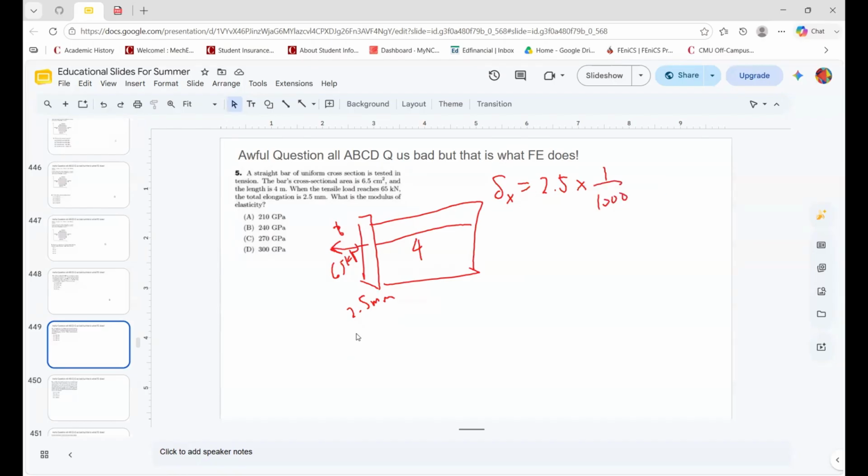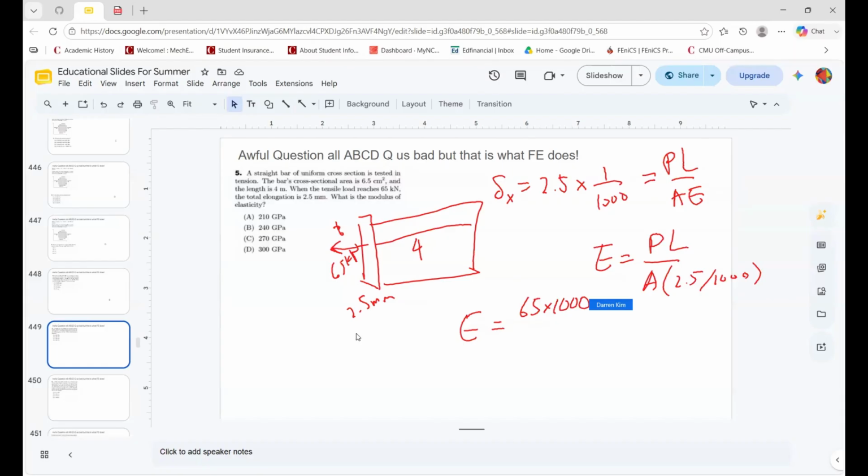Oh, great. So it's the same equation, right? I don't think there's anything else you can say. So E equals P L over A delta, with delta being 2.5 divided by 1000. So E equals 65 times 1000 multiplied by L, which is 4, divided by the area, which is 6.5 times (1 over 100) squared, and then 2.5 divided by 1000 as the delta.